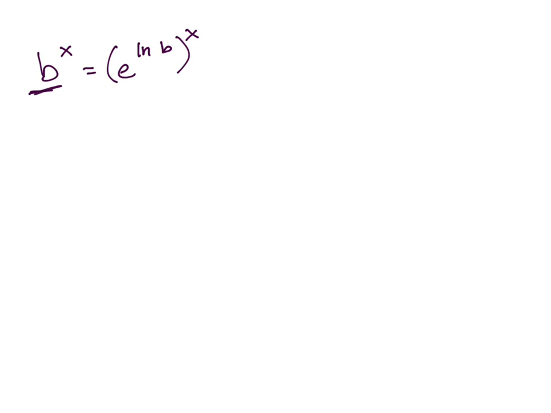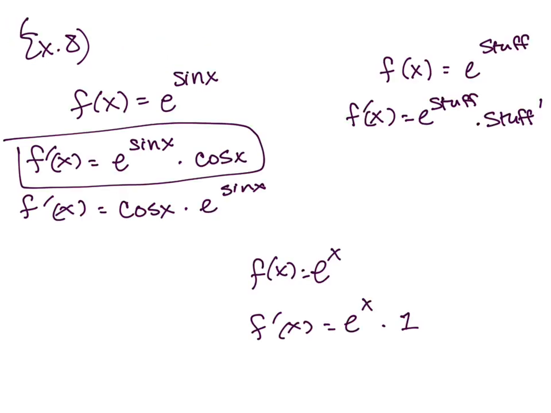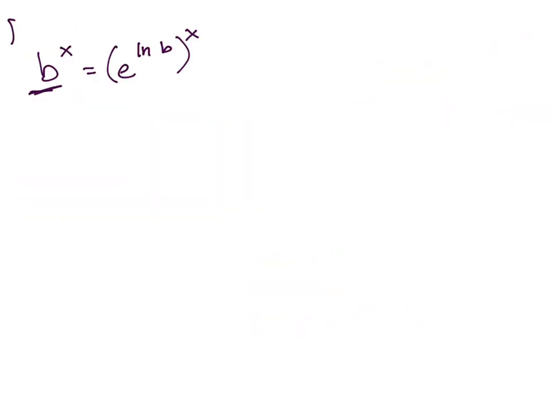So we're going to allow this to be our f of x function. This is f of x, e to the natural log of b to the x. Now, when I raise a power to a power, what do I do with those two powers? Multiply, right? So this is actually going to be e to the natural log b x.